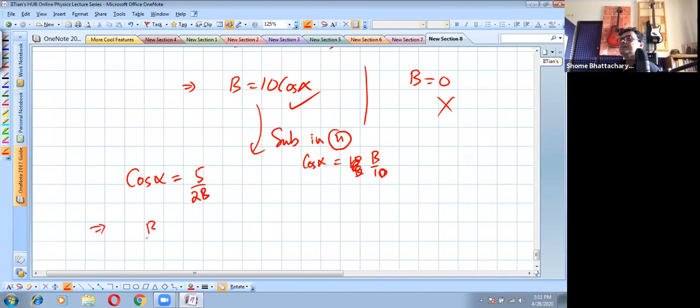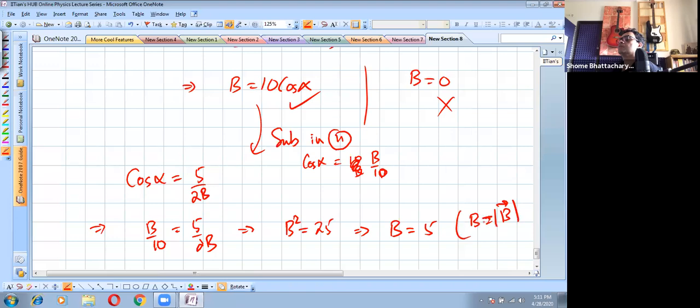So b by 10 is equal to 5 by 2b, which means b square is equal to 25, which generally should mean that b is equal to plus minus 5, but here b will just be 5 because b is the magnitude of a vector, so it cannot be a negative quantity. It's a modulus quantity, so we won't take plus minus 5. That's it, now I've got b.